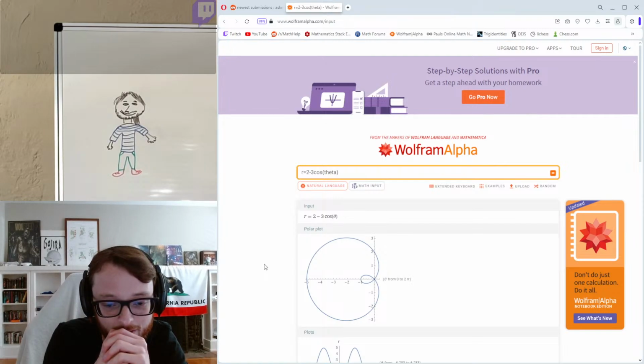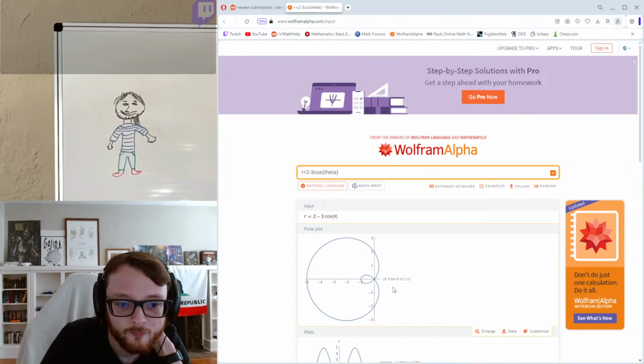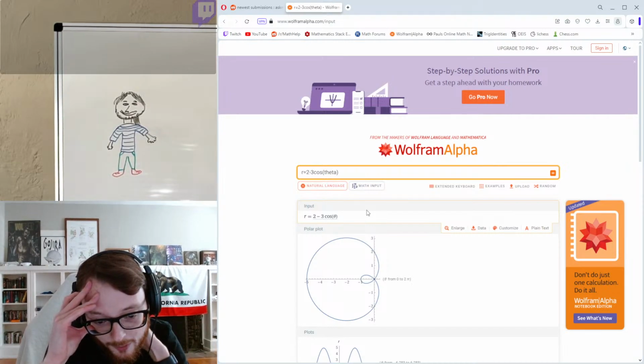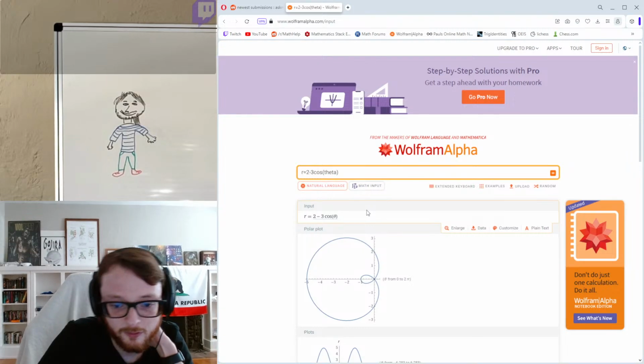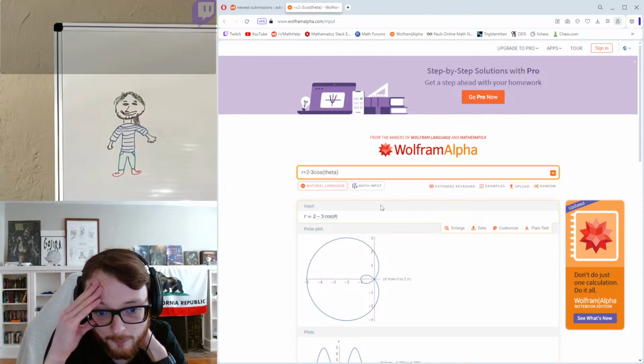Because you do get multiple values along, like, this part of the axis. That's because you get negative radii out here. Because if theta equals 0, you get r equals -1. If theta equals pi, you get 5. And then the value of 0 that we get twice, where does that one come from?